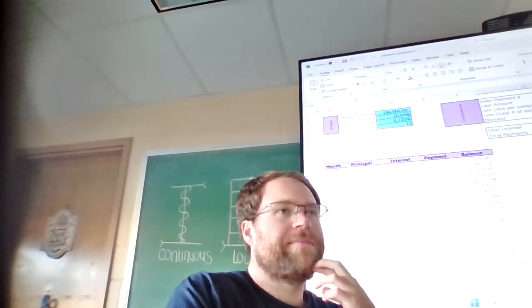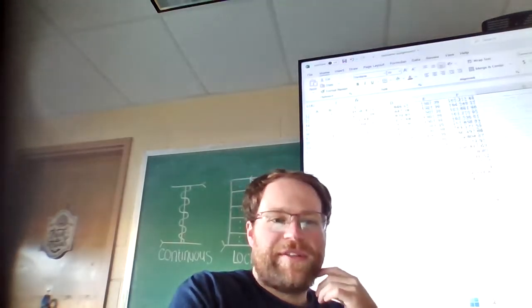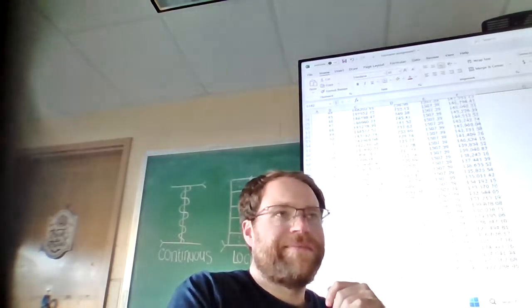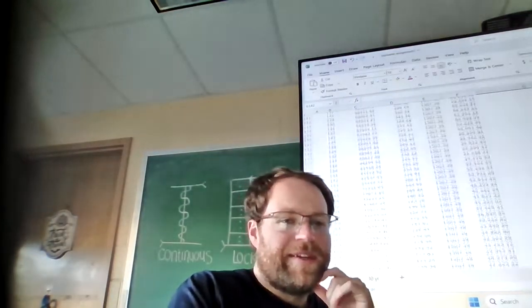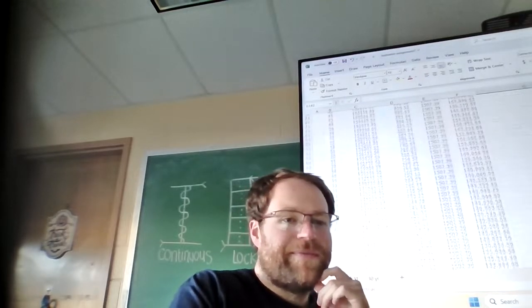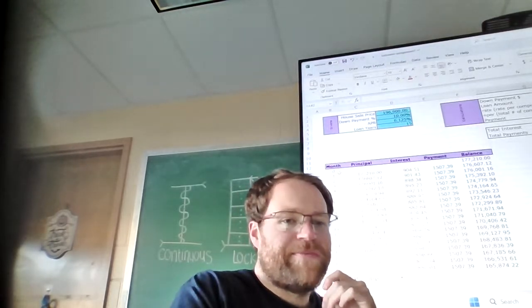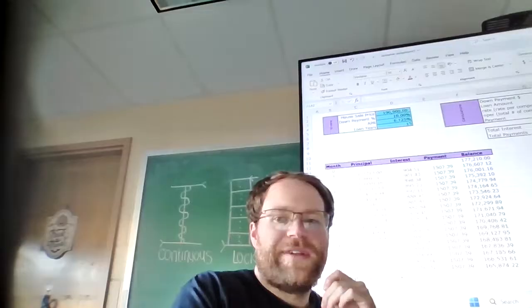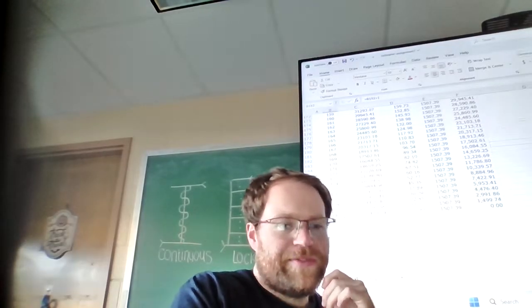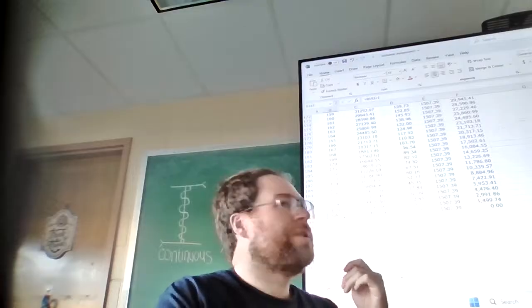Why 193? So in the case of this file, since we had 180 payments, this column B is the month number. It just so happens that month 180 is in row 193 there.